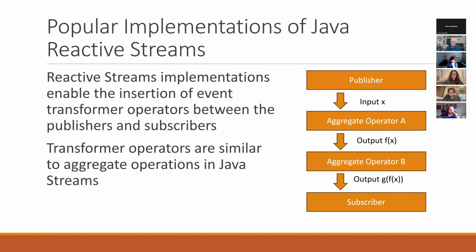Okay. So we've covered this before. The key, and this is really important to understand how this works, is that reactive streams are actually implementing the concept of the operators between the publisher and the subscriber. So in these reactive streams, just like in other streams, I can put filters and do all that work. I can do the same thing in reactive streams, but I'm doing it between a publisher and a subscriber.